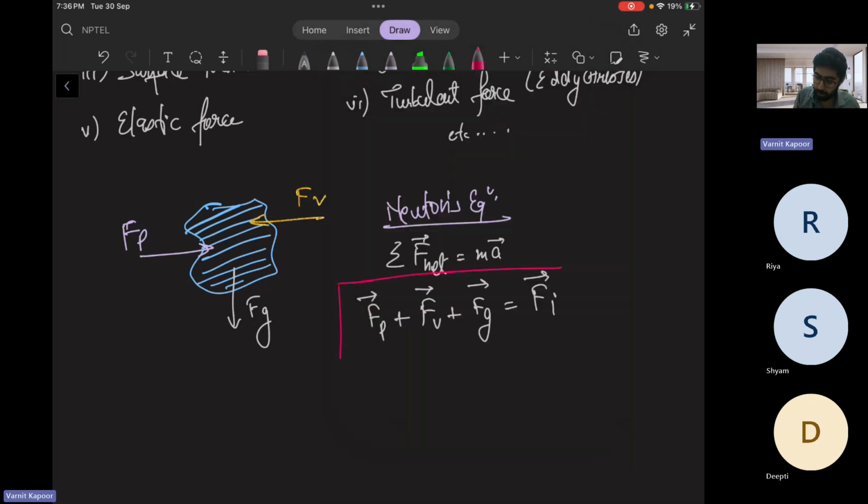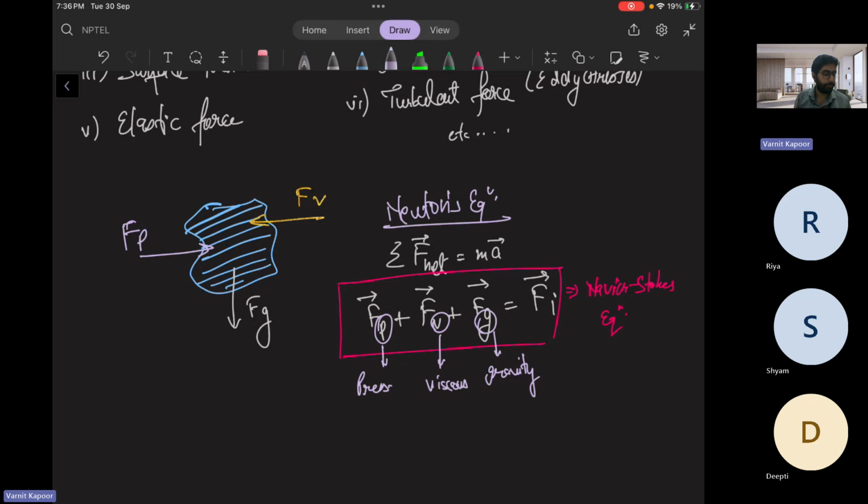The Navier-Stokes equation is the heart of every fluid flow problem. Here the terms stand for pressure, viscous, and gravity.